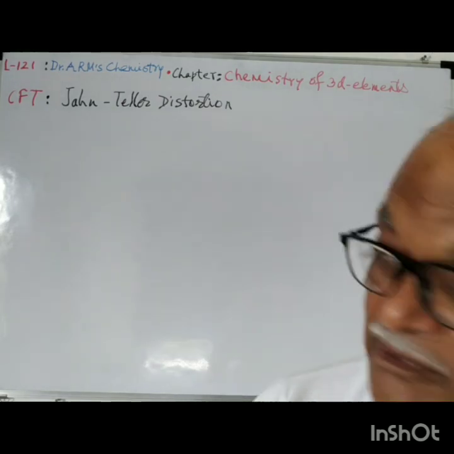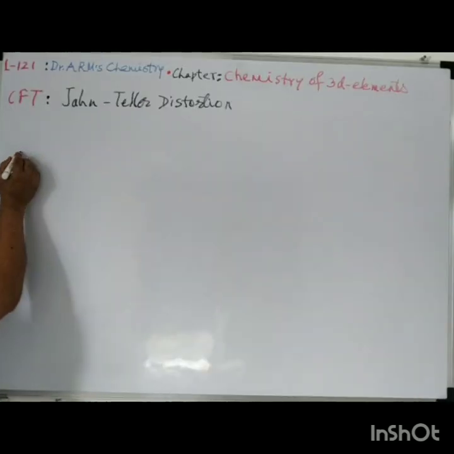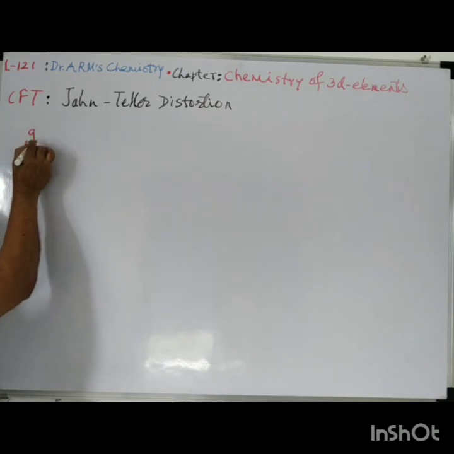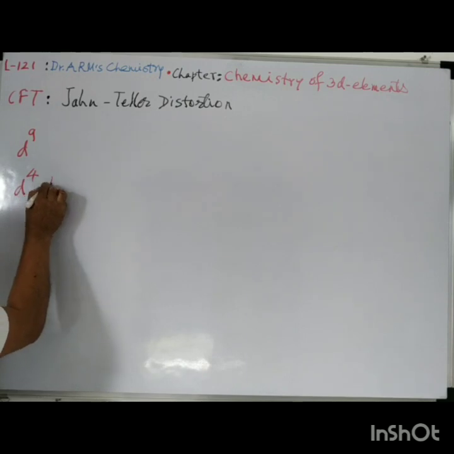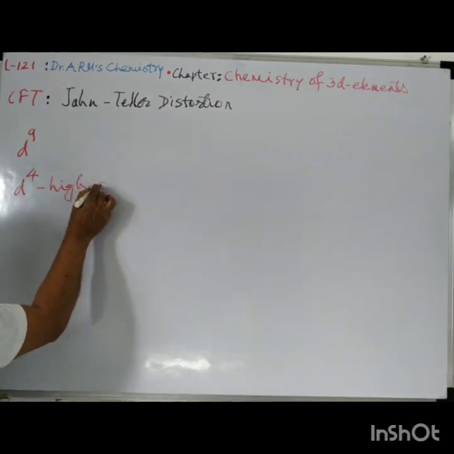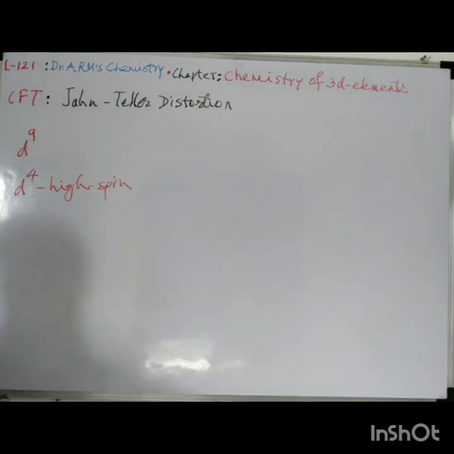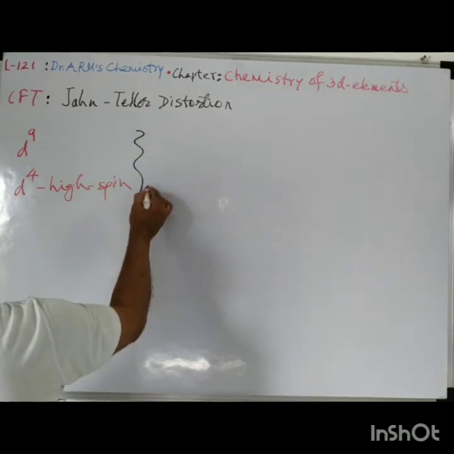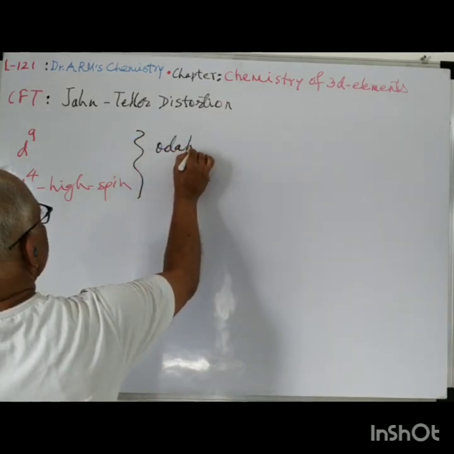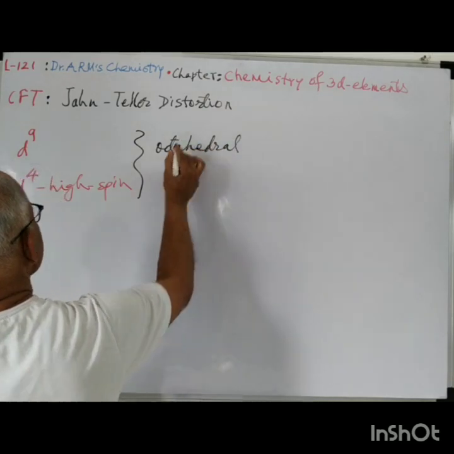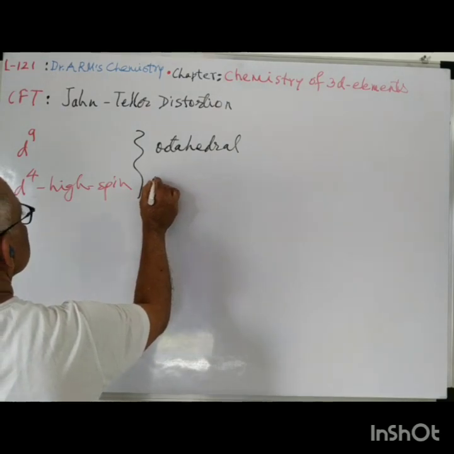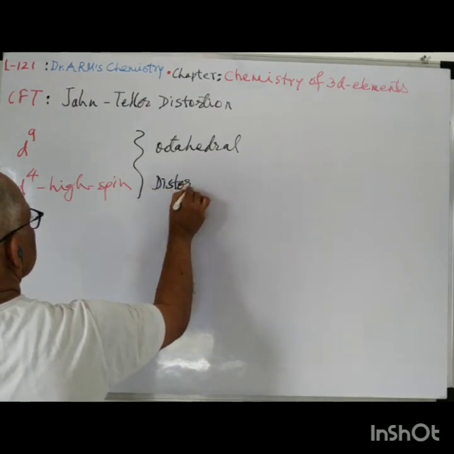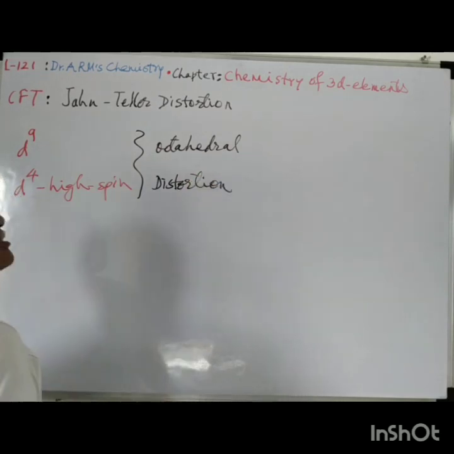If you consider the d9 configuration and the d4 configuration, in which it is a high spin complex, then in these octahedral complexes we find this distortion. This distortion is observed.